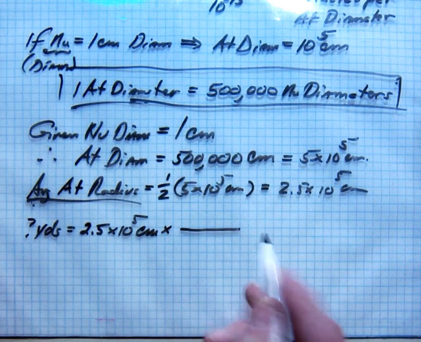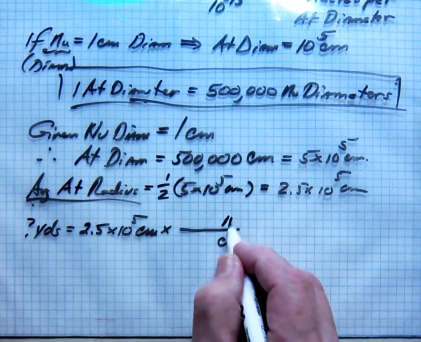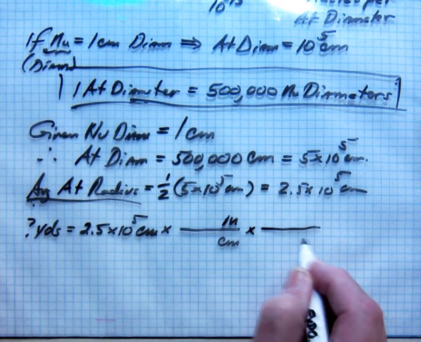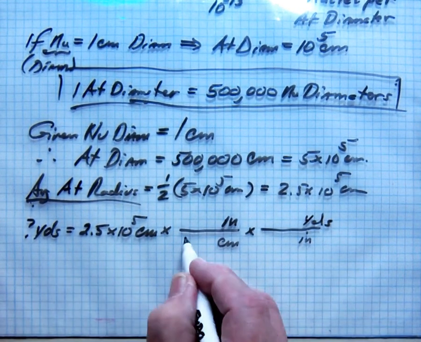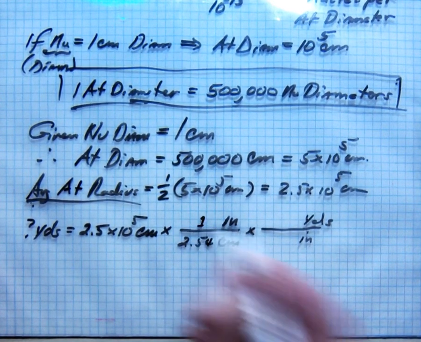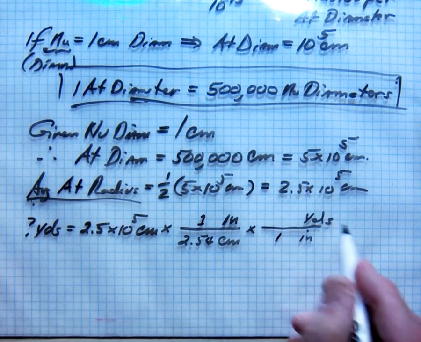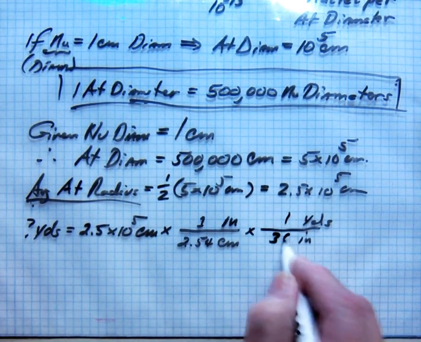And so we want to get rid of centimeters. We go to inches, times inches and yards. So it's 2.54 centimeters in 1 inch, and 36 inches, excuse me, 1 yard is 36 inches.